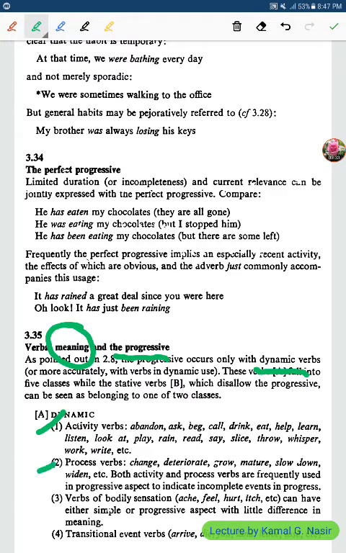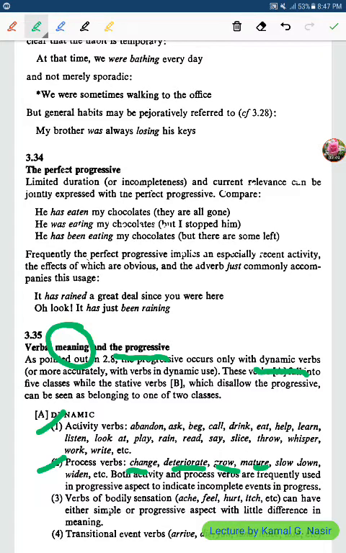The others are process verbs. Process verbs are change, deteriorate, grow, mature, slow down, widen, also to the end.